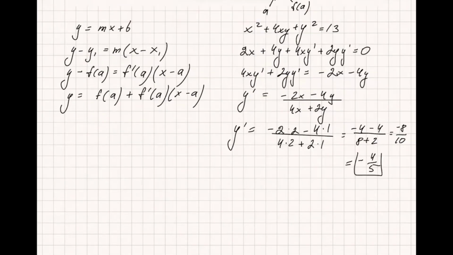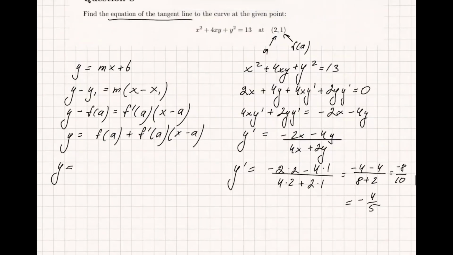So this is my derivative. So now I will substitute all the values that I know. I have y equals f of a is 1 plus f prime of a is negative 4 over 5 times x minus a is 2.